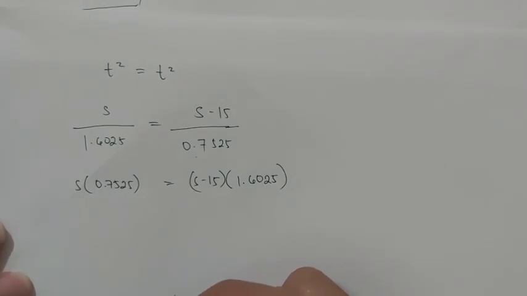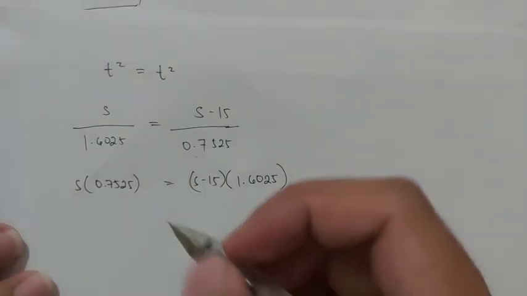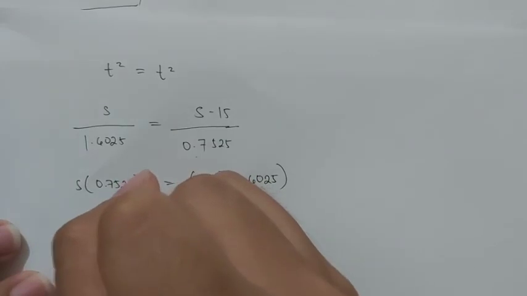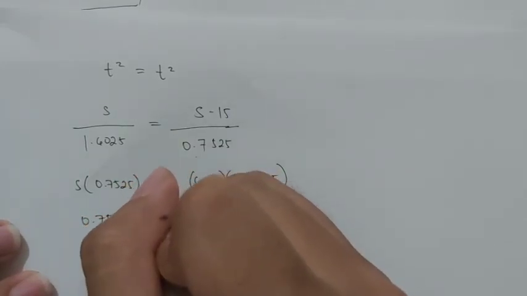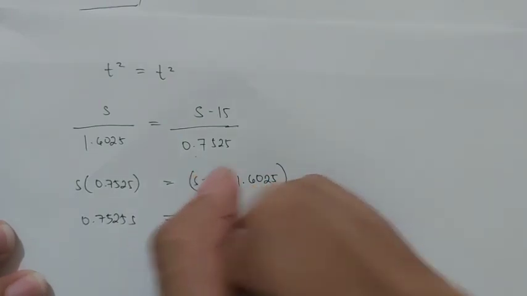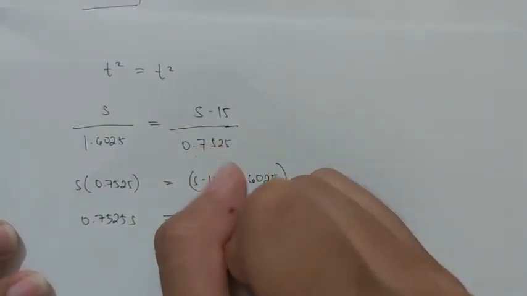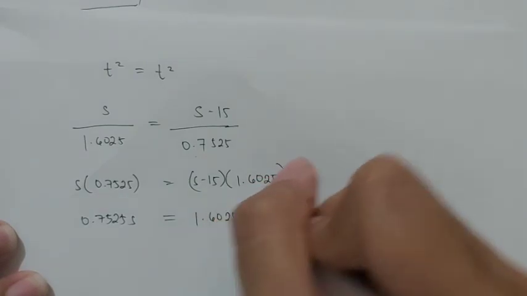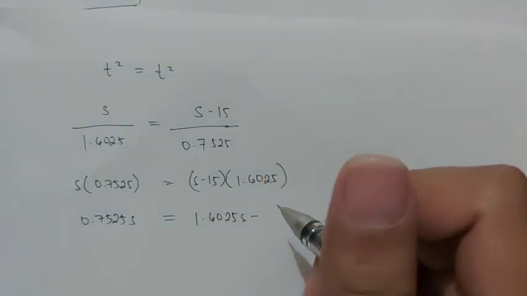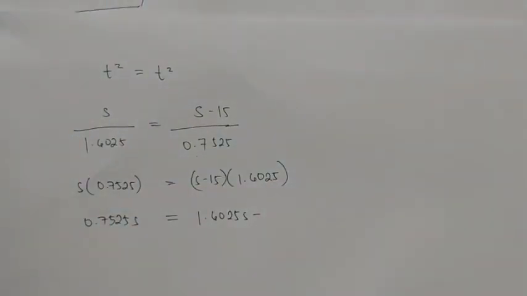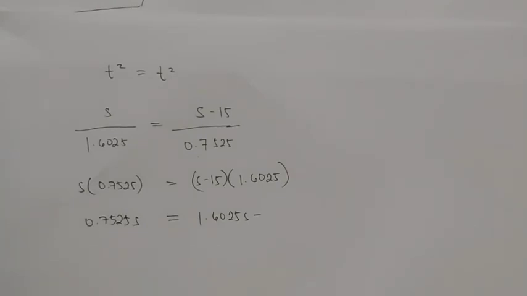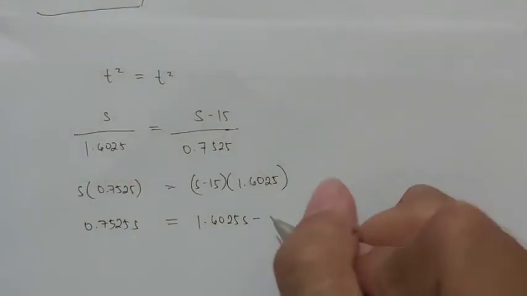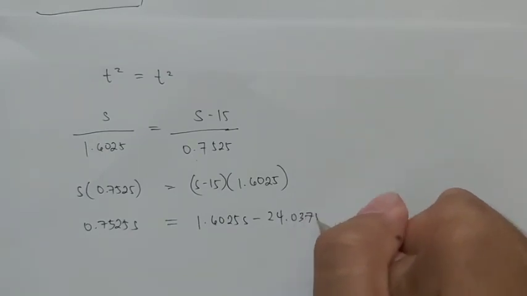Then solving for s, so ito will be 0.7525s, which will be equal to 1.6025s minus, so negative 15 times 1.6025 is equal to 24.0375.